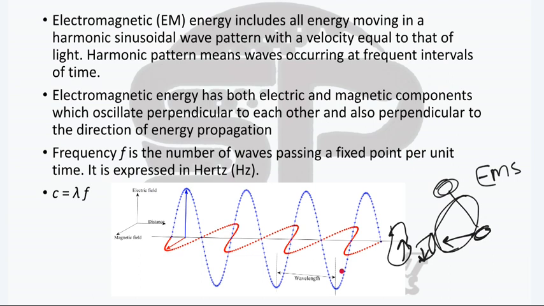For your remote sensing, electromagnetic spectrum: why is this called electromagnetic spectrum? Anyone? It is written here and also shown in the figure. Why is it called electromagnetic spectrum?